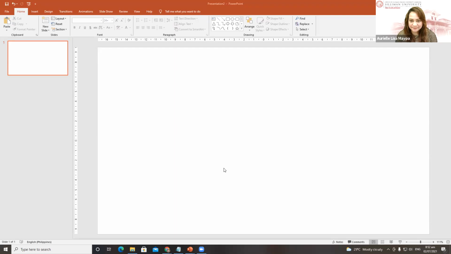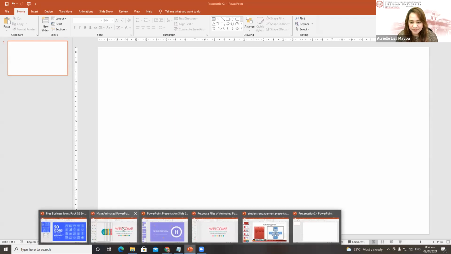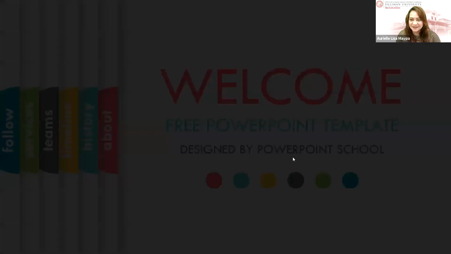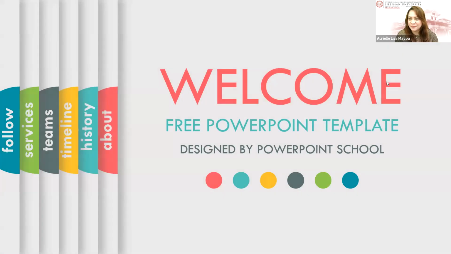Before I teach you how to do the animated presentation in PowerPoint, I will show you an example or a template of what we're going to work on today. It's going to look somewhat like this. I hope you can see my screen. Don't be too overwhelmed, but look at the presentation.